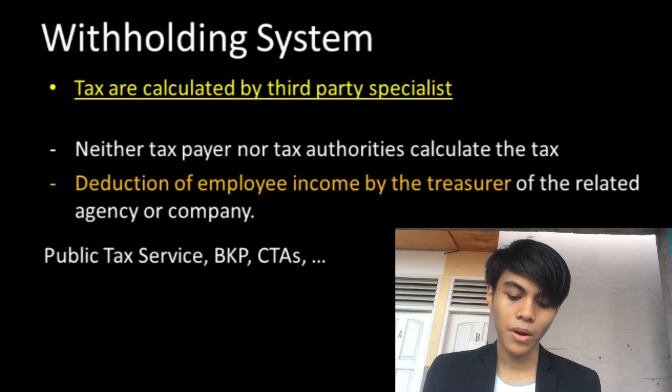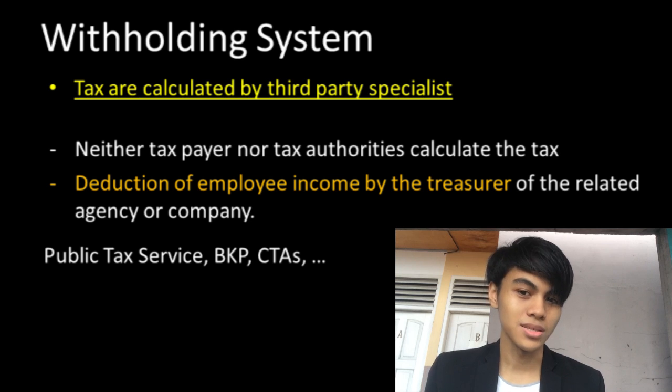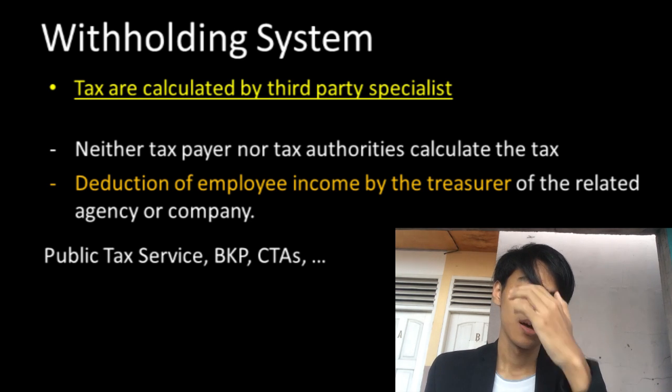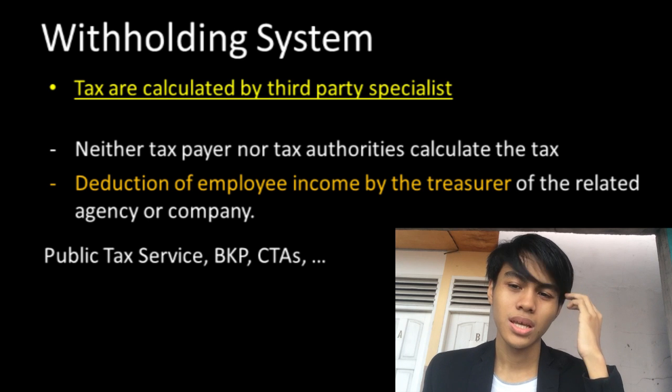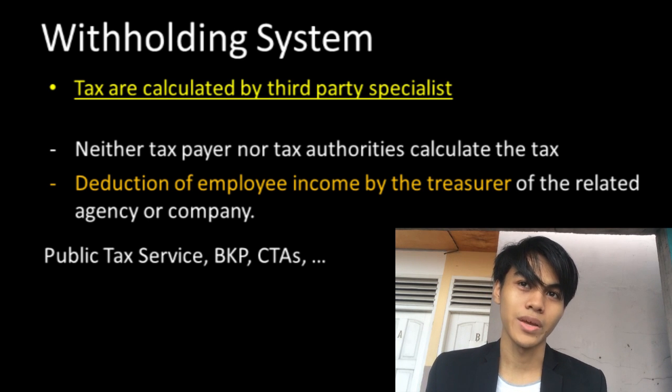Some examples are public tax services, something like KKP, in Indonesia, konsultan pajak, and also some people that have a CTA degree behind their names. They are basically tax officials that know a lot about tax, and they can be trusted to control your tax. And that is about the tax collection system.